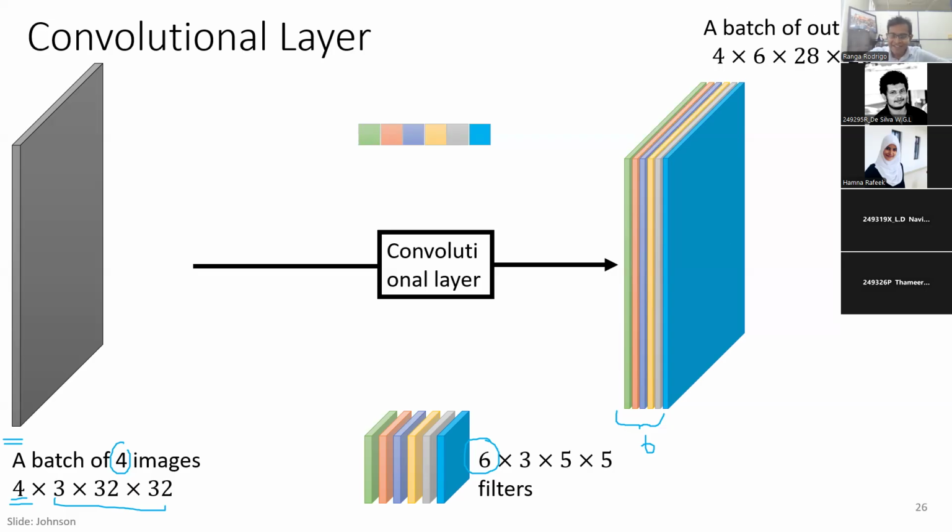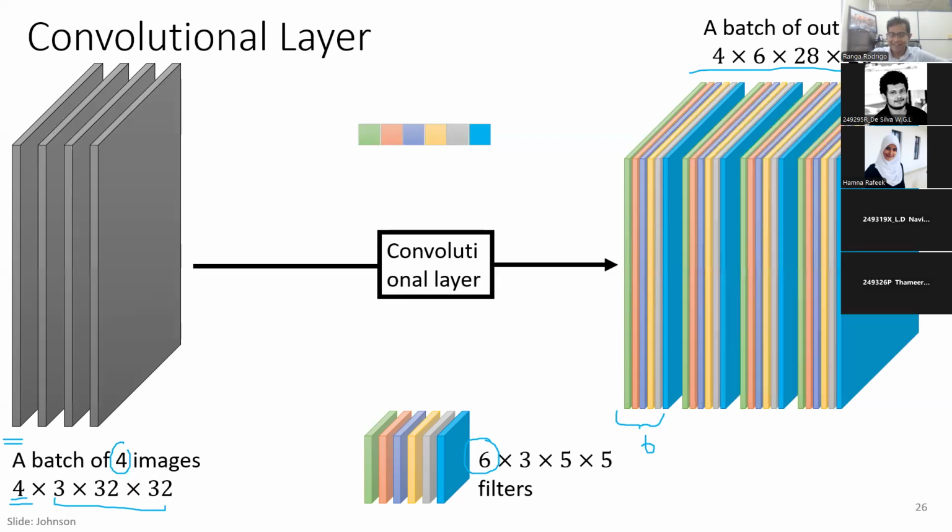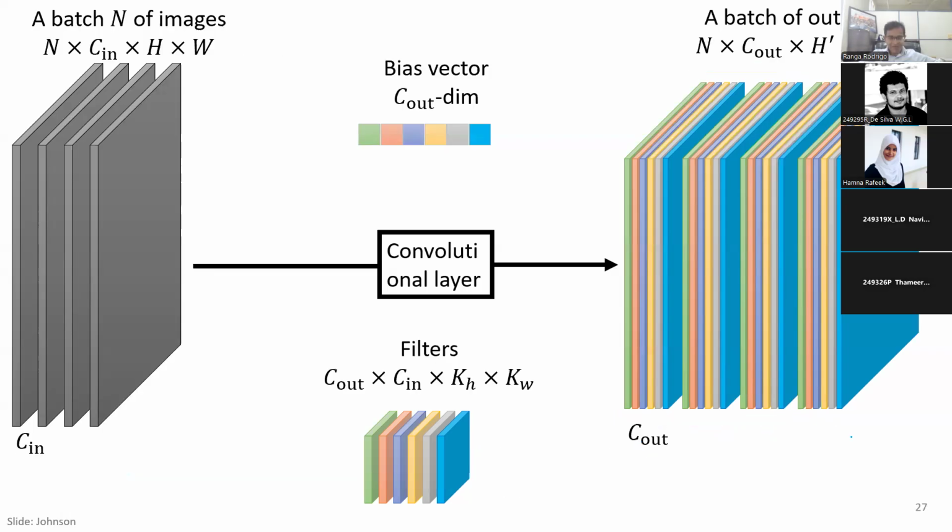Actually, it is on the slide. It will be 4 of them, so 4 times 6 times 28 times 28. For the second image, another 6. For the third image, another 6. For the fourth image, also another 6. I hope it is clear to you.